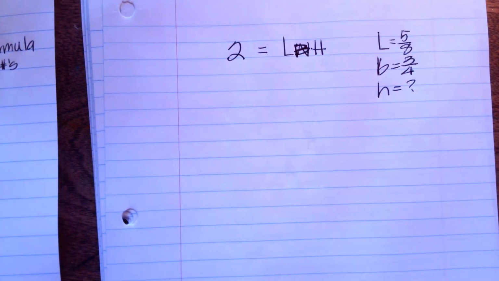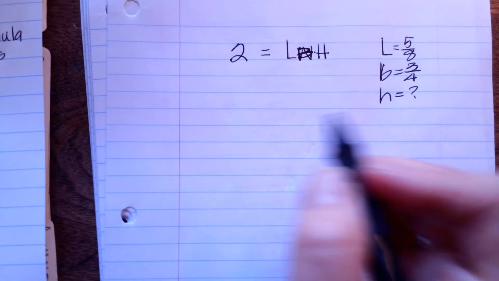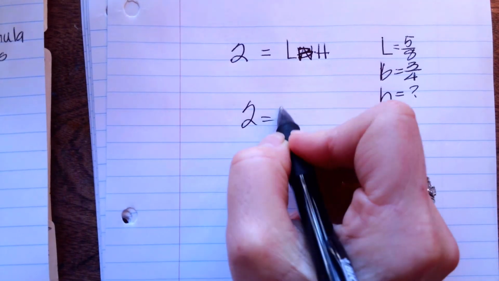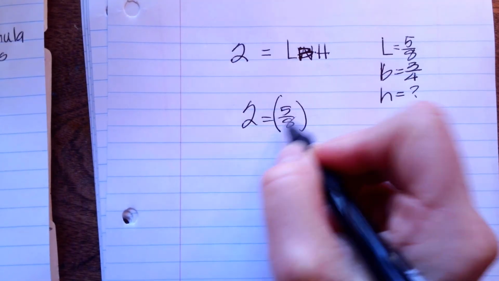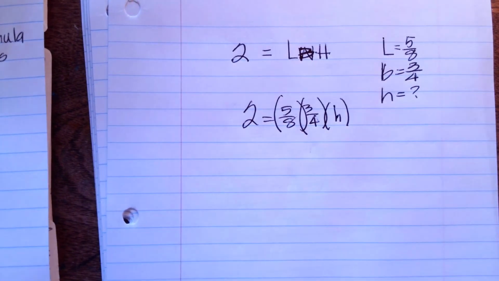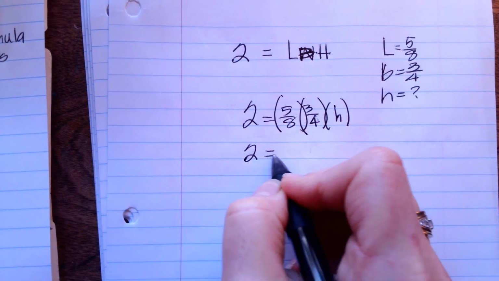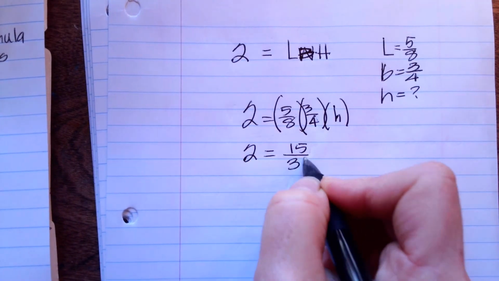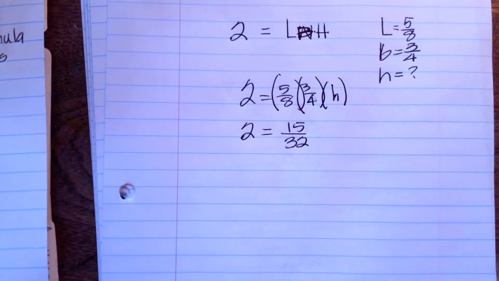So that's the one we don't know. So we're going to do 2 equals 5/8 times 3/4 times H. And then we do 2 equals 15/32 H.